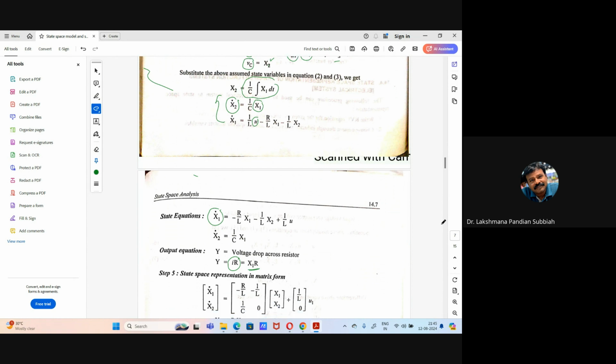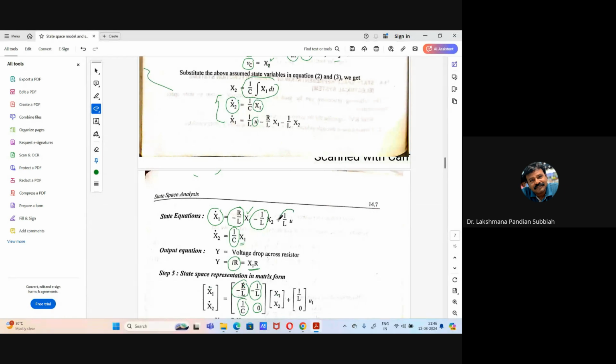Here we have x1 dot, and we write the coefficient of x1, which is minus R by L, multiplying x1. Then the x2 coefficient, minus 1 by L, is placed here. In the x2 dot equation we have only the x1 term and no x2 term: 1 by C is the coefficient of x1, and the x2 term is not there, so we put it as 0.